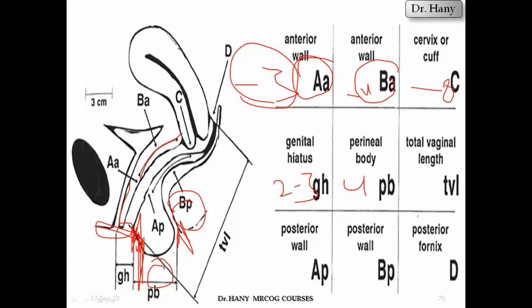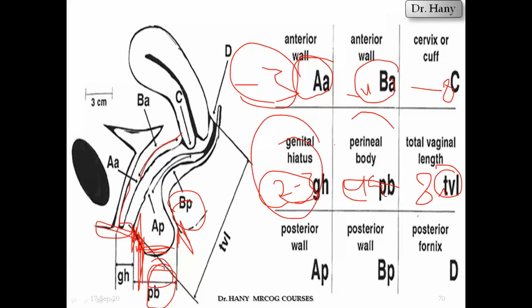This is called the perineal body. It's about 3 to 4 centimeters. And the total vaginal length, say it is 8 centimeters, so 4 centimeters will be not by minus, not by plus. The dimension of the genital hiatus is 2 to 3, perineal body 3 to 4, and the total vaginal length 8 centimeters.